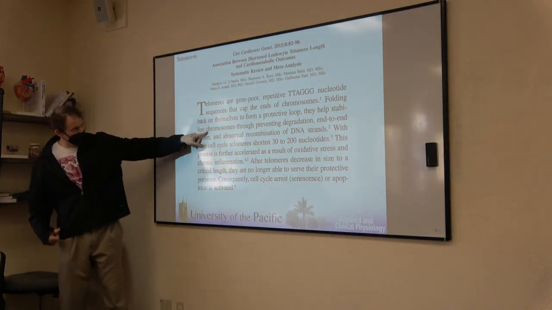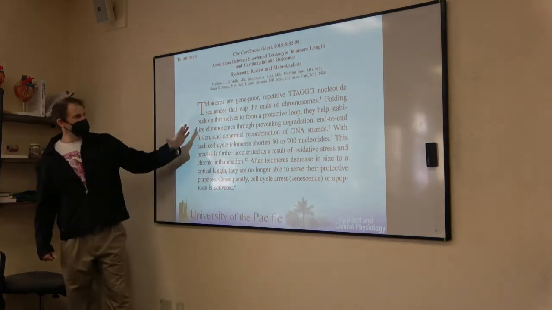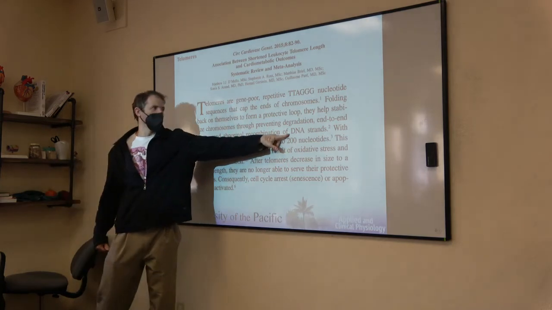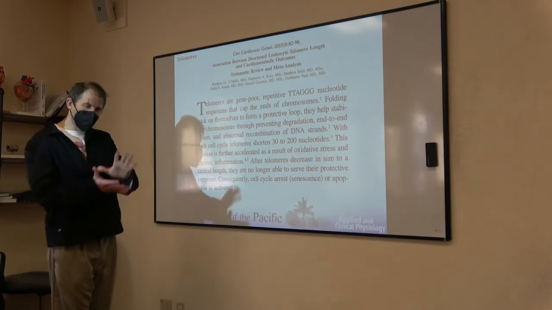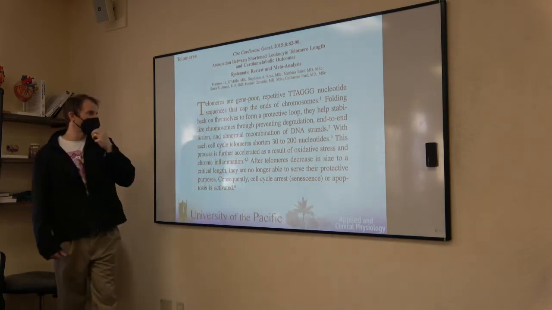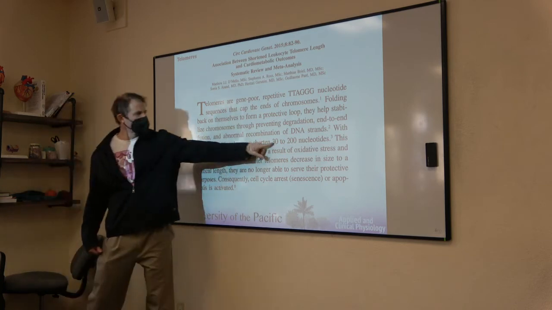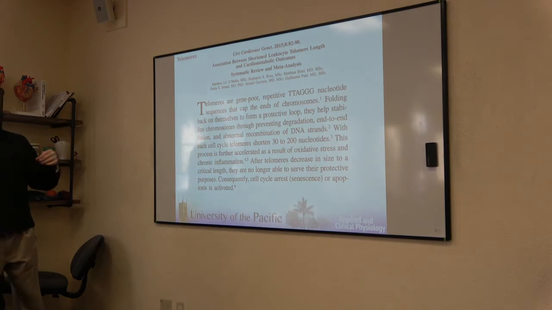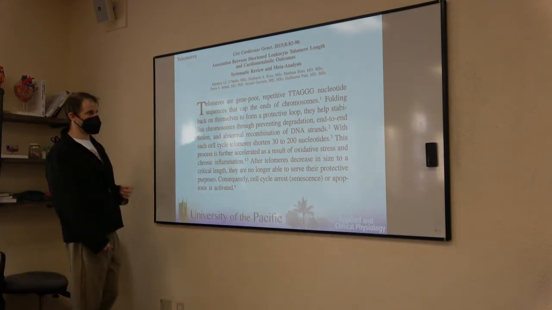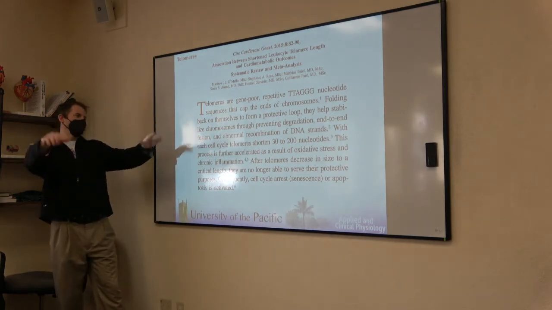And they help stabilize the chromosomes, preventing degradation, end-to-end fusion, and abnormal recombinations of DNA strands. So they're critical for the health of your DNA. With each cell cycle, they shorten 30 to 200 nucleotides, maybe 100 base pairs get wiped out every single time they replicate.